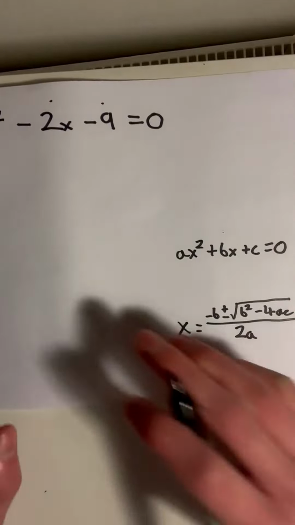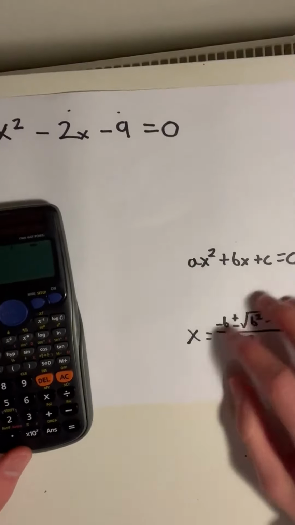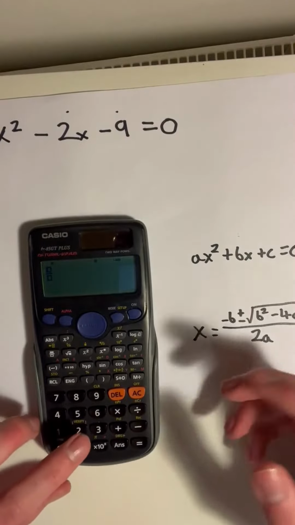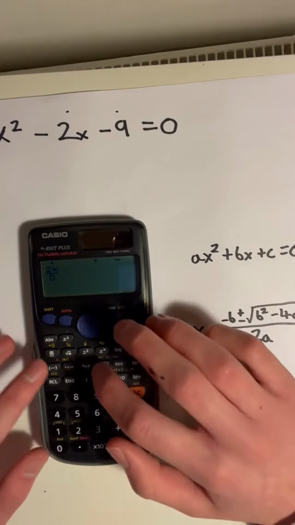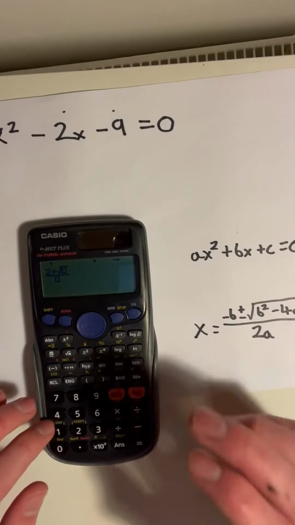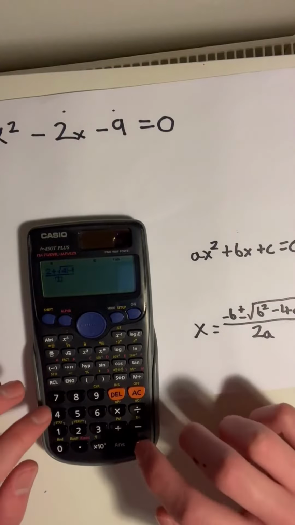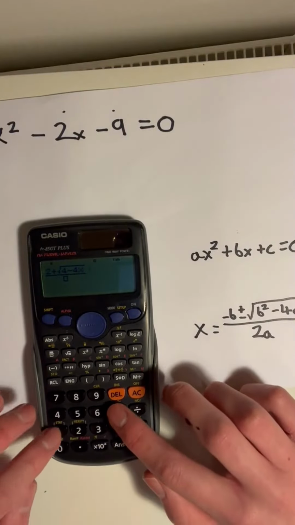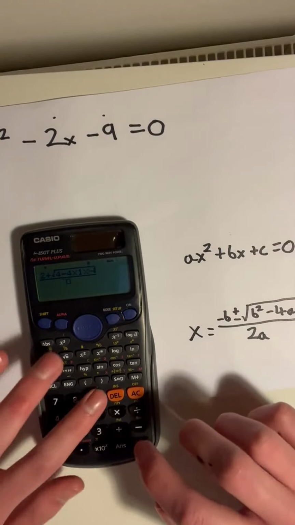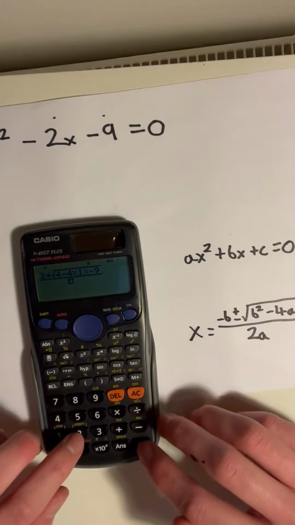Now we put these numbers into our calculator in the quadratic formula to get our two x solutions. So minus b will be minus minus 2, which would just be 2, plus we'll do minus on the next one. b squared, so minus 2 squared would be minus 2 times minus 2, which would be positive 4, minus 4 times 1 times minus 9, and then all of that over 2a, which is just 2 times 1, so 2.